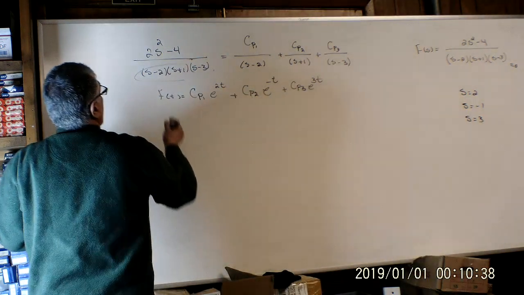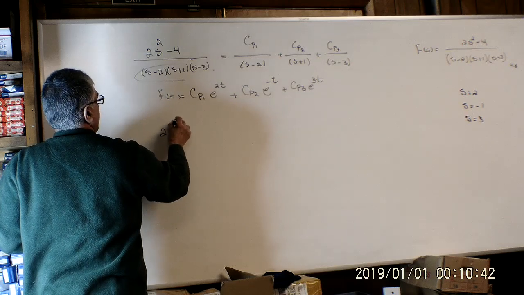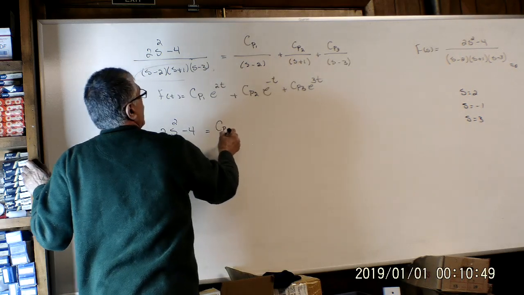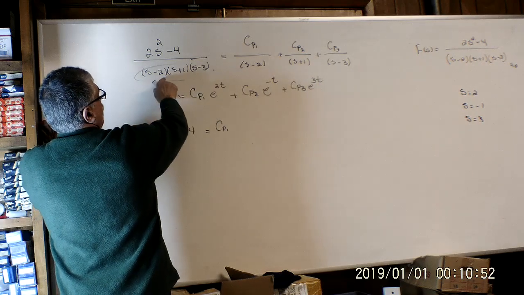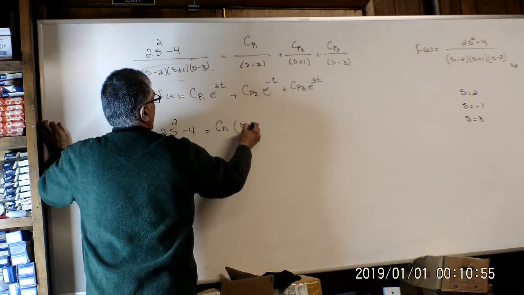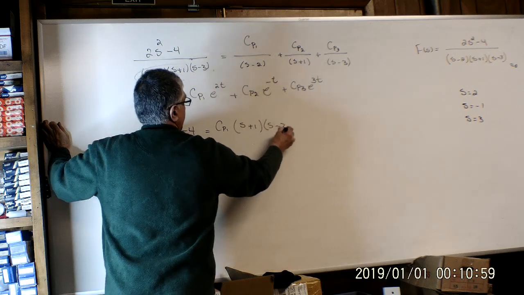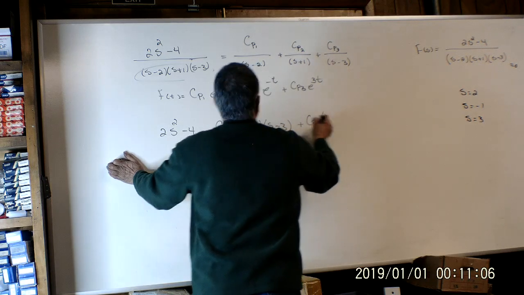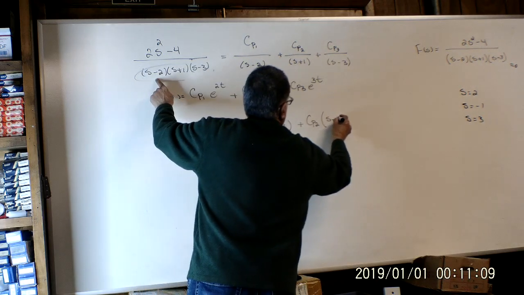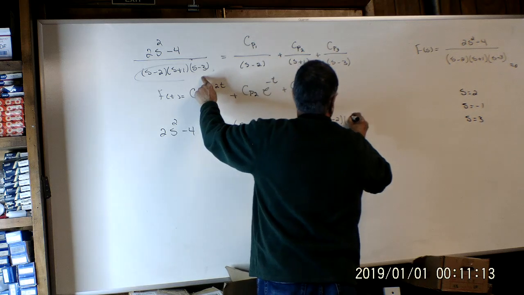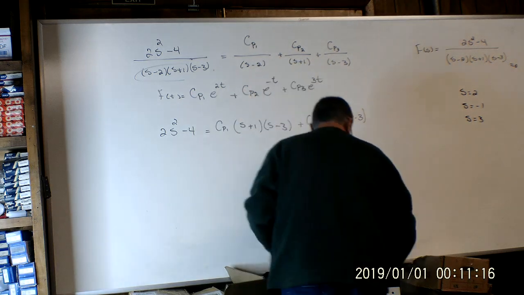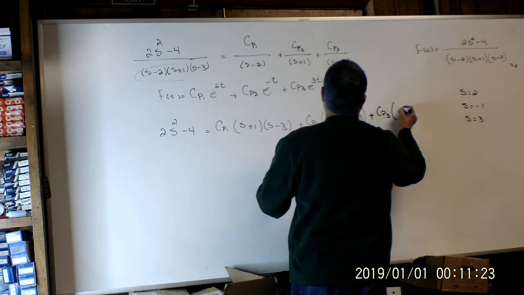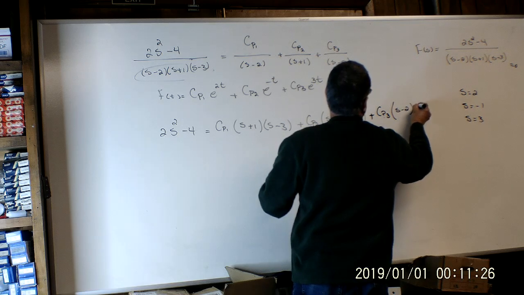On the left side, we are going to have 2s squared minus 4 equal to cp1 multiplied by s plus 1 times s minus 3, because s minus 2 will cancel out, plus cp2 multiplied by s minus 2 times s minus 3, plus cp3 multiplied by s minus 2 times s plus 1.